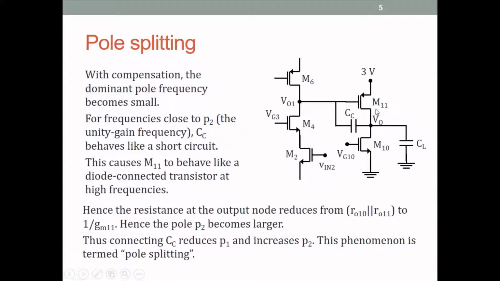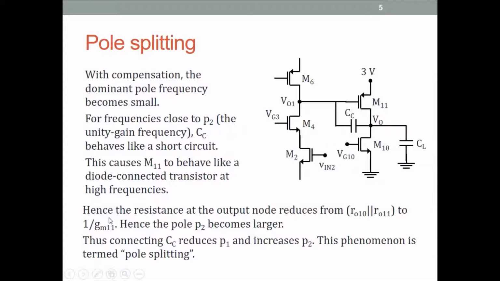What that means is that the resistance seen at the output node, which was RO2, which was RO10 in parallel with RO11, now at frequencies close to P2, because gate and drain are shorted, becomes effectively 1 over GM11, which is of course a much smaller value.